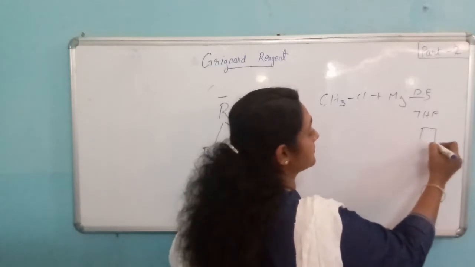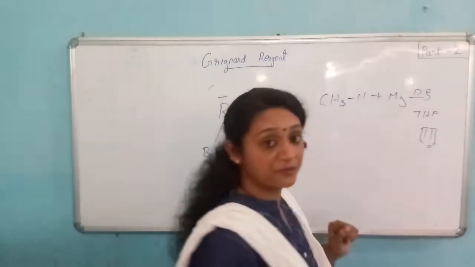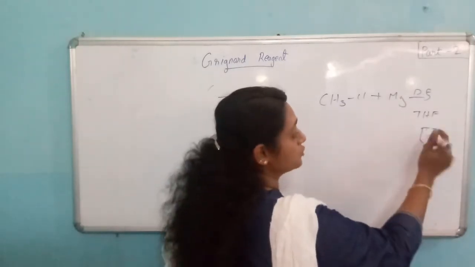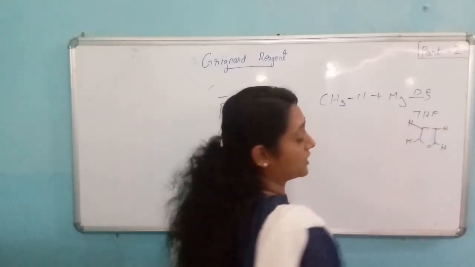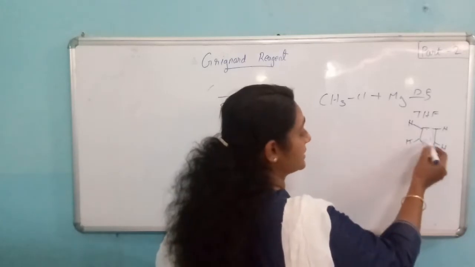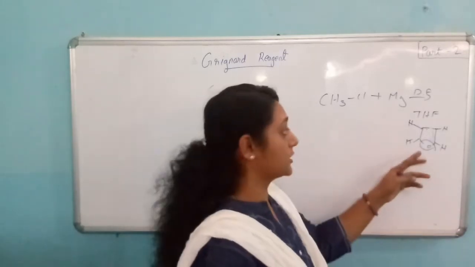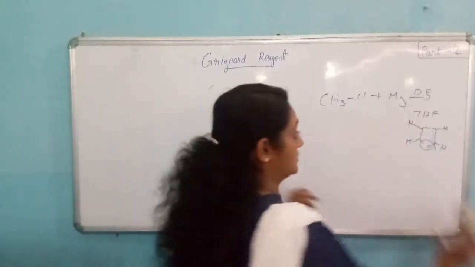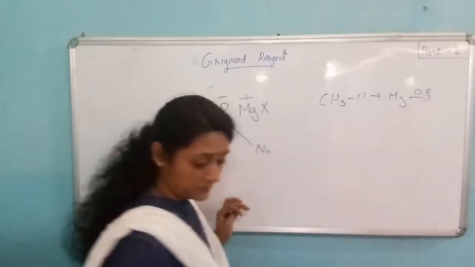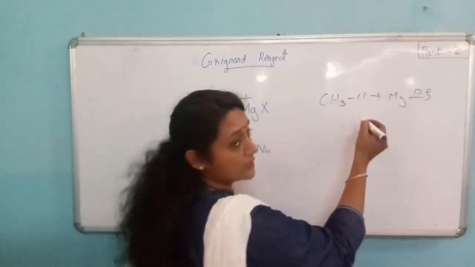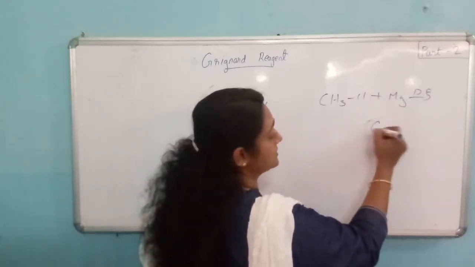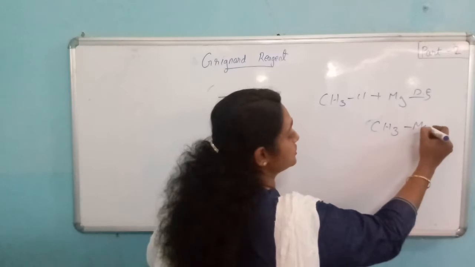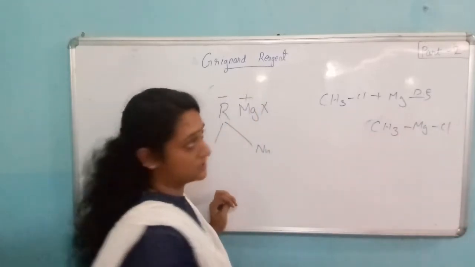This is furan; in place of these two double bonds, 4 hydrogens are added. This is tetrahydrofuran, a type of cyclic ether, and it can also be used in place of dry ether. The mechanism is that magnesium is inserted in between the CH3 and Cl, and we get CH3MgCl. This is a Grignard reagent.